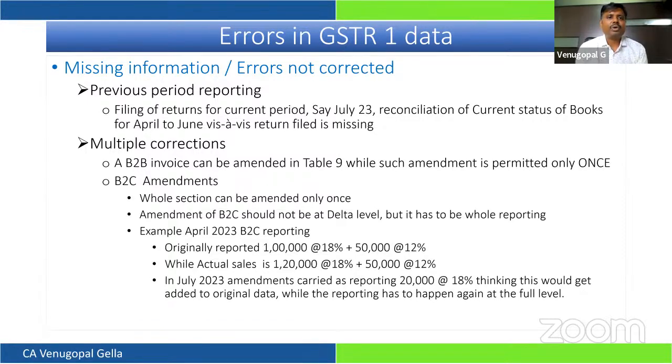Someone would have recognized an unbilled revenue, later converted to invoice, not updated, or a sales and marketing team would have requested an invoice to be raised so that they can book a revenue and collect the payment later. They realize the material has not moved and want you to cancel the invoice. Anything could happen. So not just filing the data for the current period, you should also correct the earlier details and file the current return.